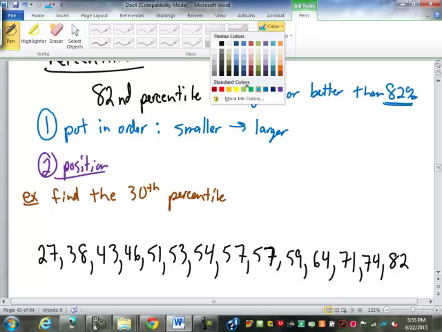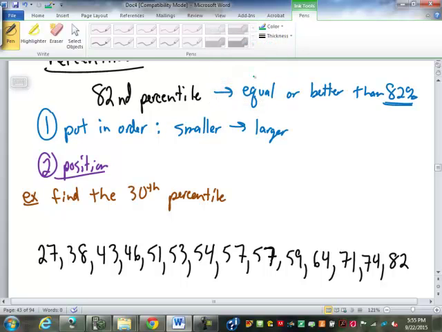So its position, instead of 0.5, however, we're going to use, what's the decimal for 30%? 0.3 times n. Well, what's n here? 1, 2, 3, 4, 5, 6, 7, 8, 9, 10, 11, 12, 13, 14.